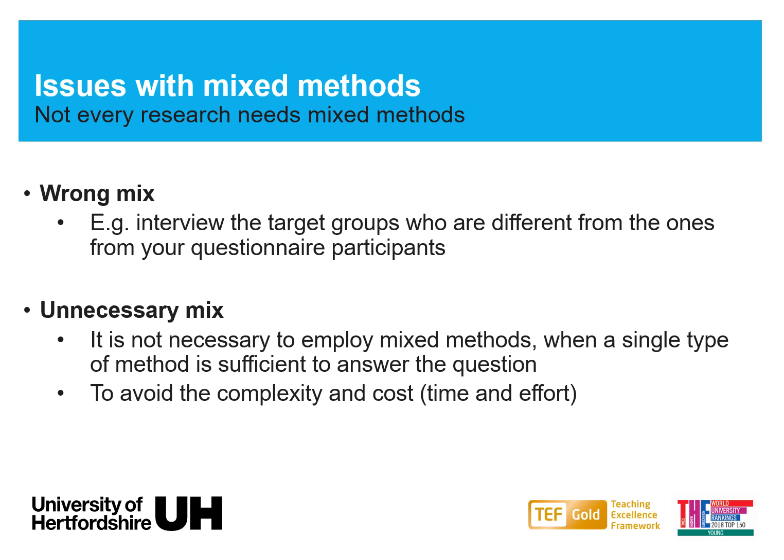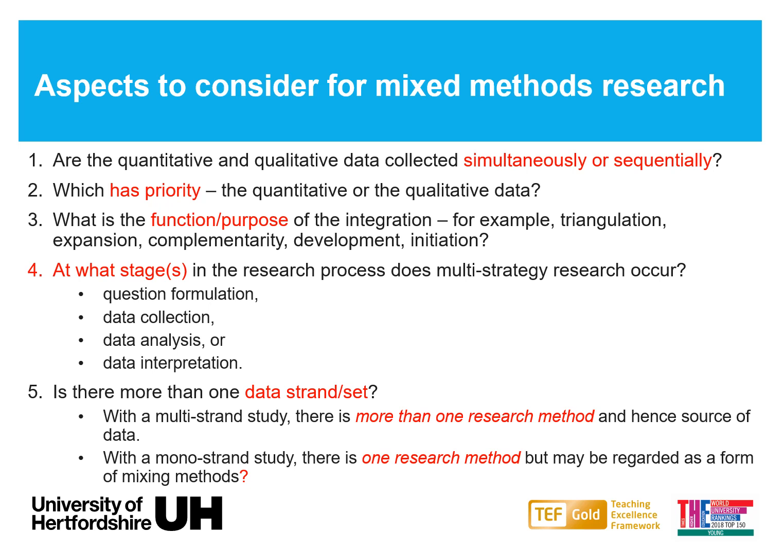Okay, so sometimes you may need to consider how to avoid the complexity and the cost, your time and effort involved in the research, and then decide whether a mixed method is needed or not. So when you have decided to adopt a mixed method, you have to consider whether the qualitative and quantitative bit, which comes first, which comes second, or whether they have any priorities, or whether they need to be done simultaneously.